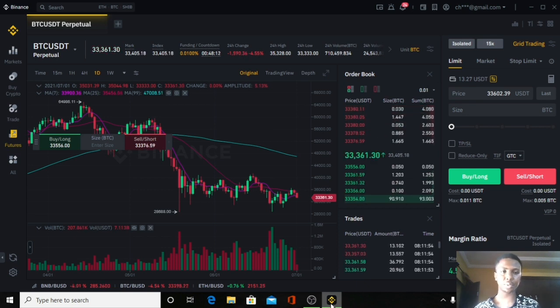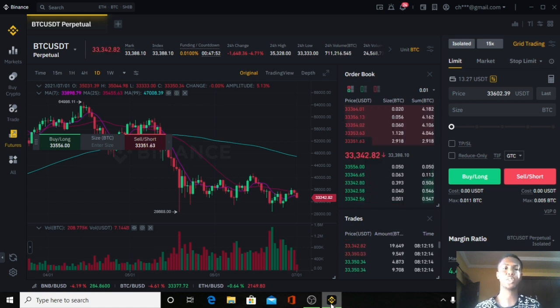Today we'll be going internally into the Binance futures trading platform. First of all, there are two main things you have to know about Binance futures trading.